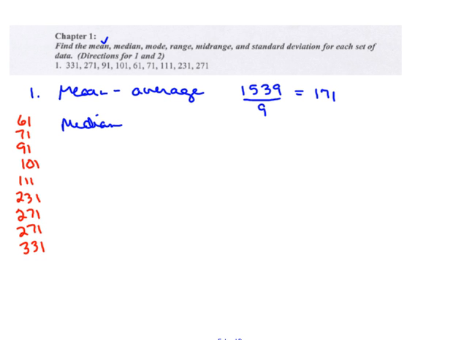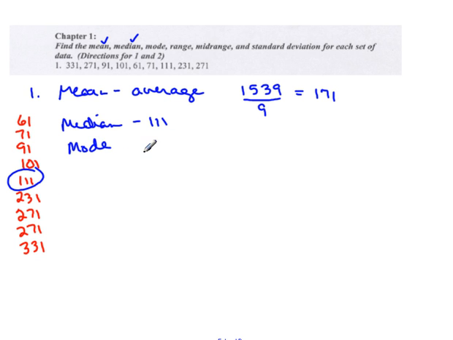So the median is the middle value, which is 111. Since there are an odd number of numbers, the middle value is only 111. If there were an even number of numbers, you would take the 2 middle values, add them, and divide by 2. So now we've done the median.